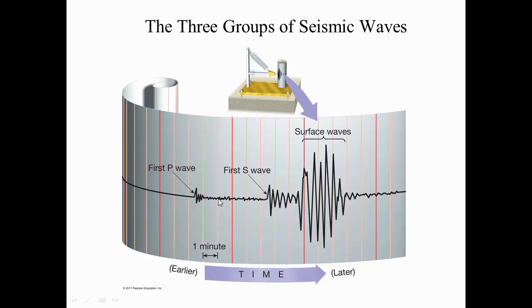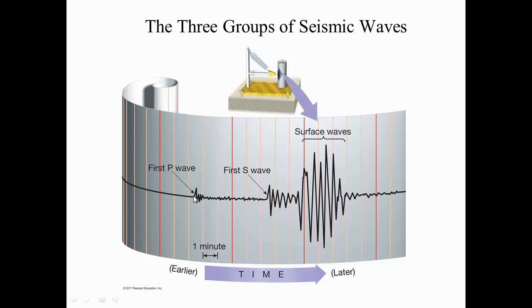Now, an important thing to point out at this point is that we can actually measure the time interval between the first P wave and the first S wave simply by counting the 1 minute intervals in between. So, for example, we have a half a minute here, so this is 1.5 minutes, 2.5, 3.5, 4.5, and then finally 5.